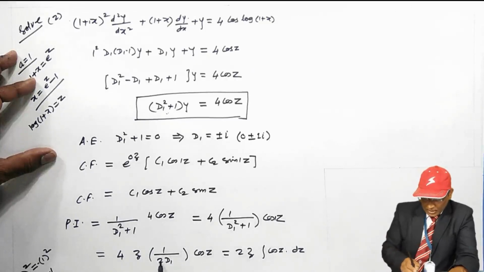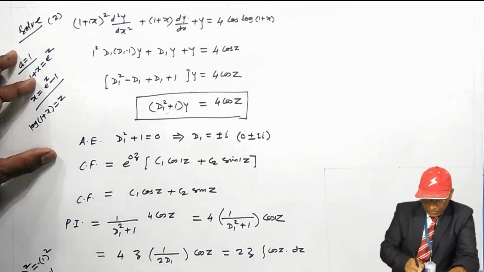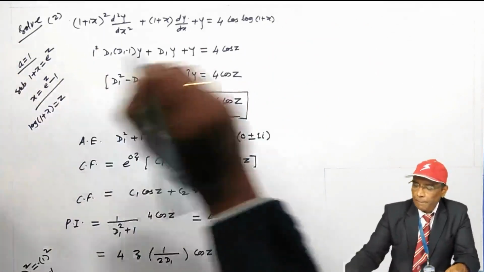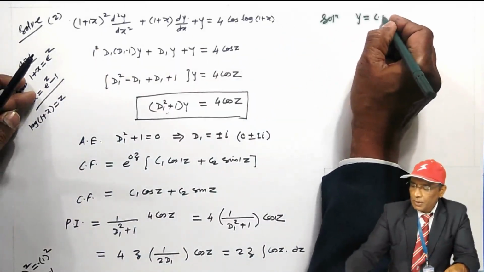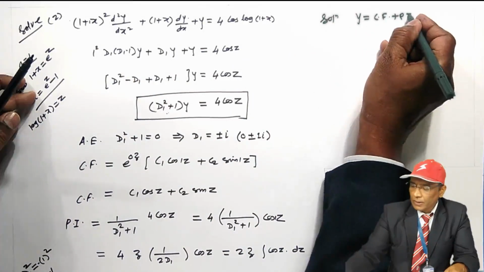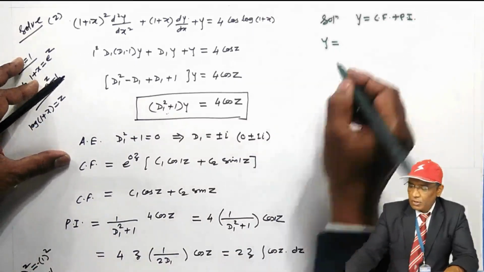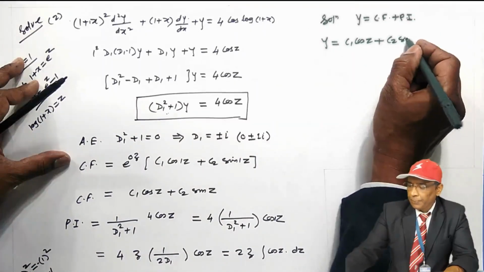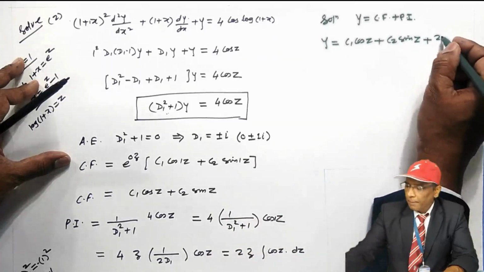This 4 and 2 get cancelled. 2z, the integral of cos z is sin z, particular integral. Solution is y equal to complementary factor plus particular integral. Is it? Y equals complementary factor, which is C1 cos z plus C2 sin z, and particular integral is 2z sin z.